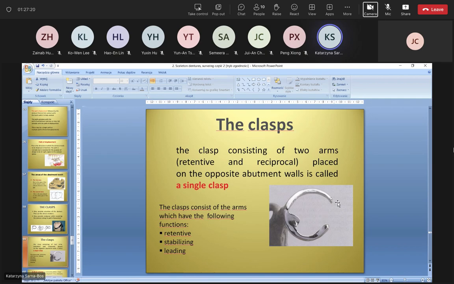So we can't say that we've got two clasps, but this is a single unit, a single clasp, which consists of two arms, retentive arm and reciprocal arm. So the clasp consists of two arms which have the following functions: the retentive function, stabilizing function, and leading function.